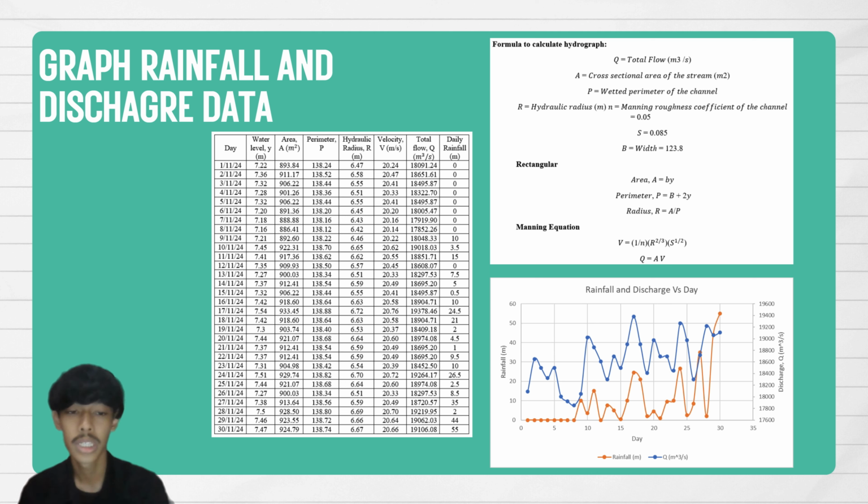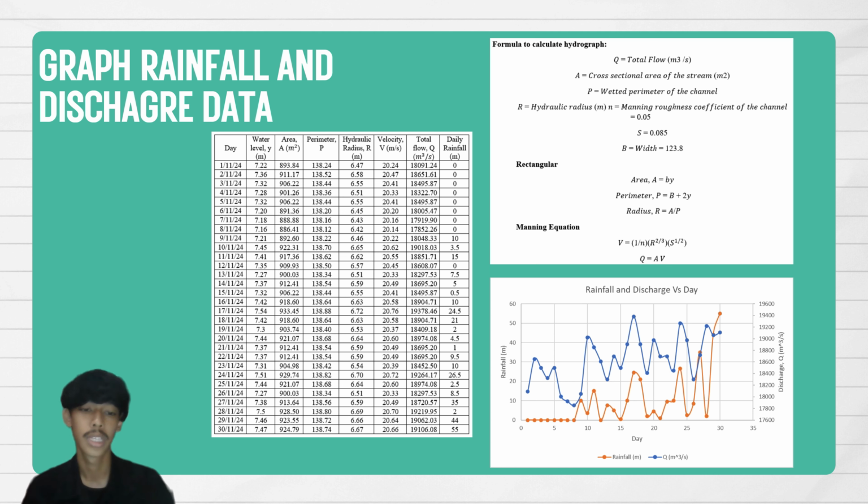The Manning equation is where you find the total flow. To find total flow is using area multiplied by velocity. For the velocity, I'm using 1 per n multiplied by R to the power of 2 per 3 multiplied by S to the power of 1 per 2. So if you find the area and then you find velocity, then you can get the total flow.